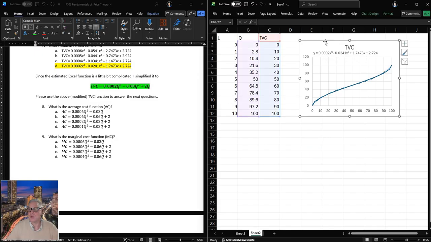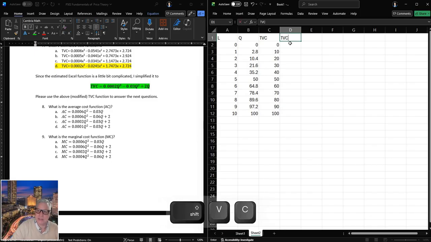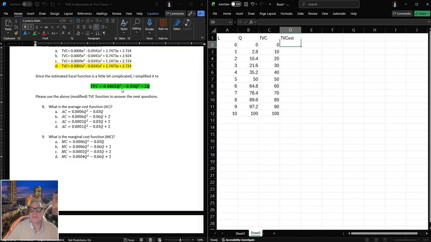And in order to show you that this is not a bad line of best fit, I'll just show you what the estimated is, TVC estimated, which is now the one highlighted in green.